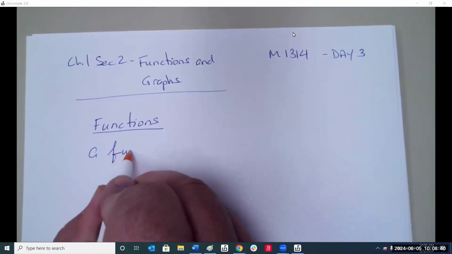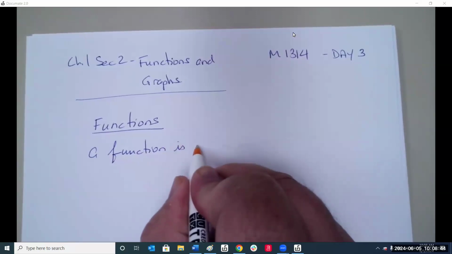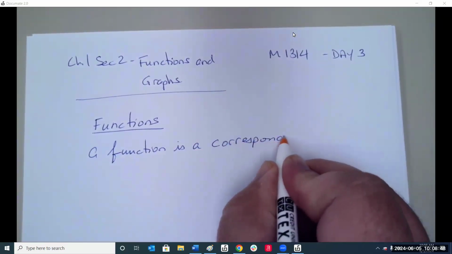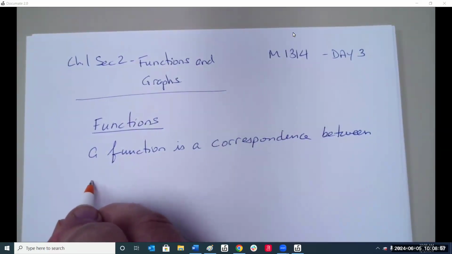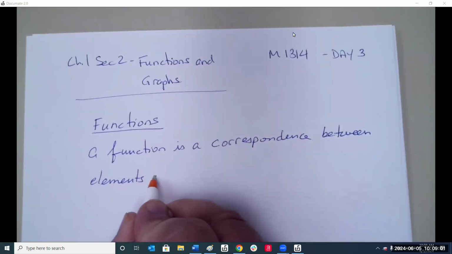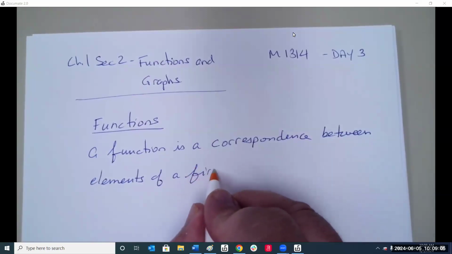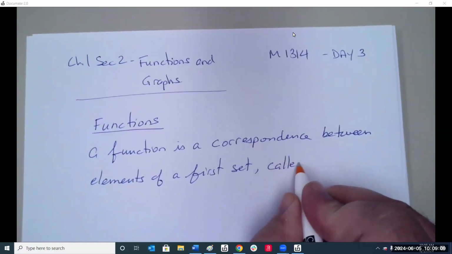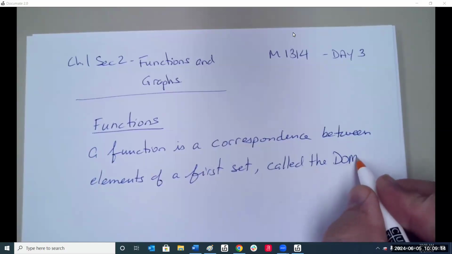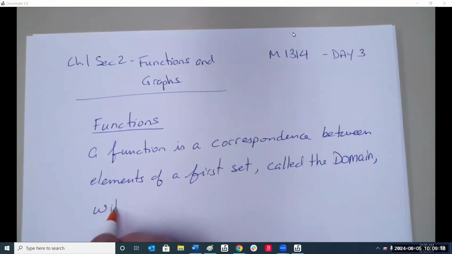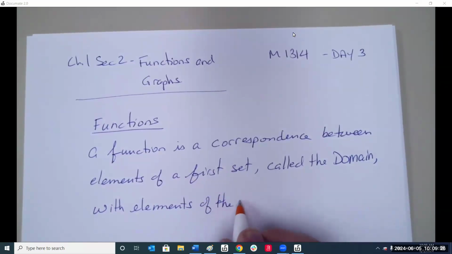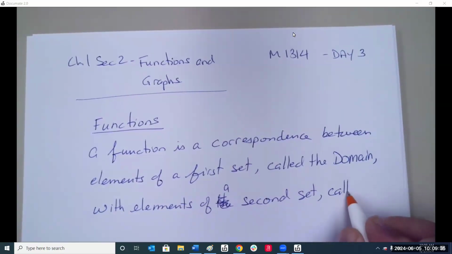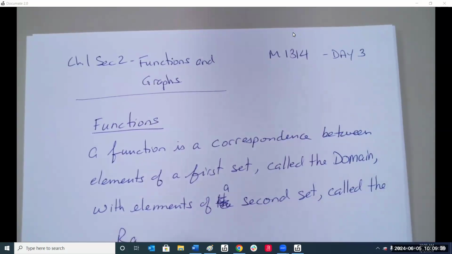A function is a correspondence between elements of a first set, called the domain, with elements of a second set, called the range.